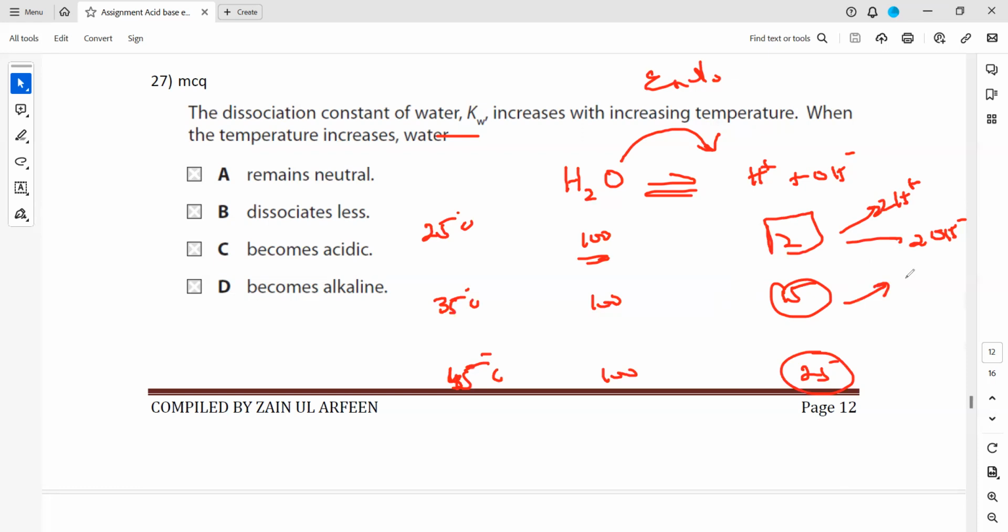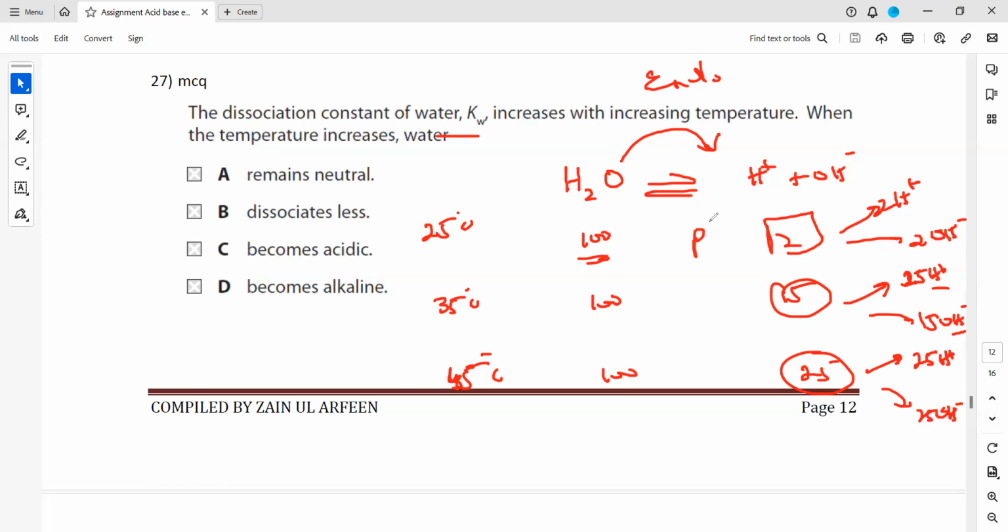There are more hydrogen ions: at 35, there will be 15 hydrogen ions and 15 hydroxide ions. Because the hydrogen and hydroxide numbers are the same, the water will be neutral. Same thing if we increase the temperature further: 25 hydrogen ions and 25 hydroxide ions. Again, the water will be neutral because it has an equal amount of hydrogen and hydroxide ions.